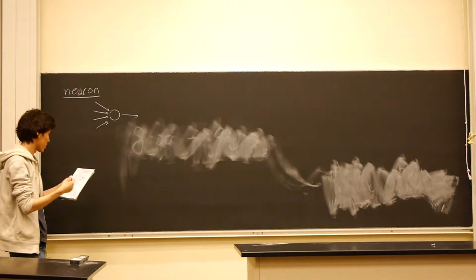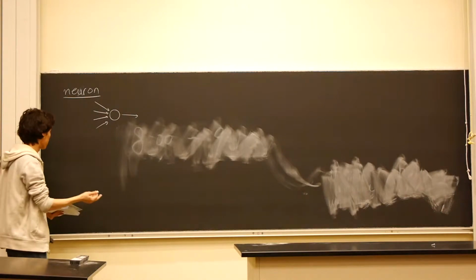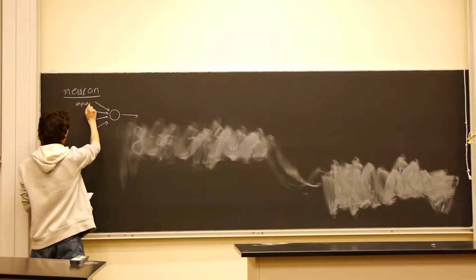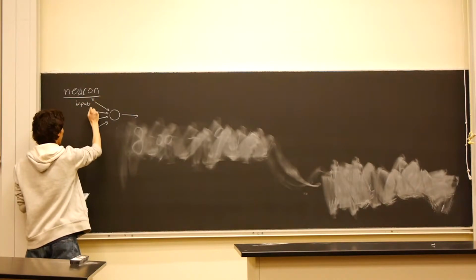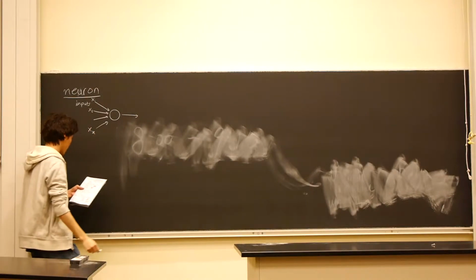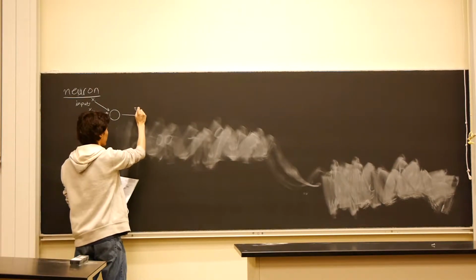So our inputs are just usually some set of real numbers coming into the neuron. And we have some output y.